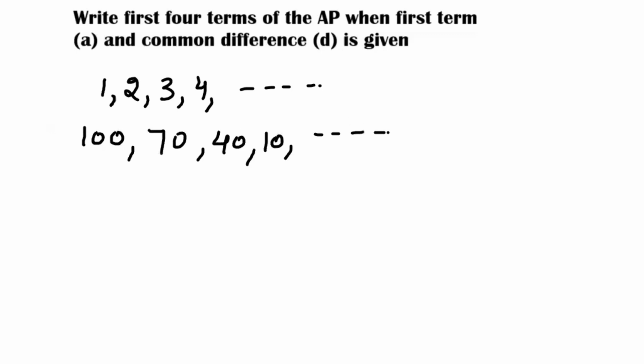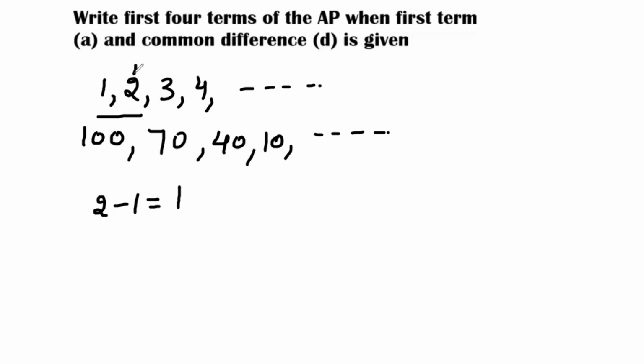First of all, you should know what arithmetic progression is. Arithmetic progression is a sequence of numbers where the difference between two consecutive terms is always the same. What it means: in the first list, take the consecutive numbers 1 and 2. The difference is 1.